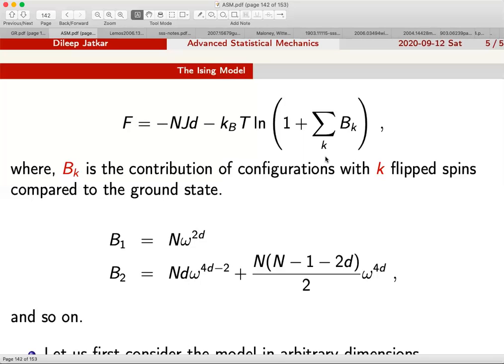But in principle, this computation can be done for k sufficiently large also. For total number of spins n very large, and k sufficiently large but not comparable to n, this computation in principle can be carried out. You can write a program, for example. It's not very difficult that way.